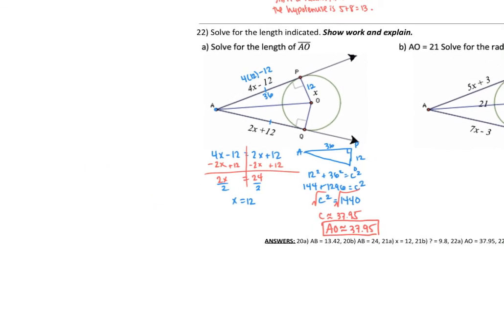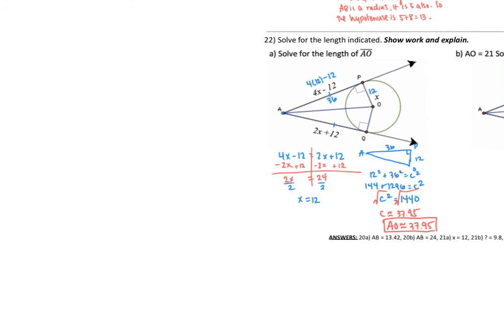So I'll go ahead and explain this one. So using the tangent segments theorem, AP equals AQ. So that explains this part.